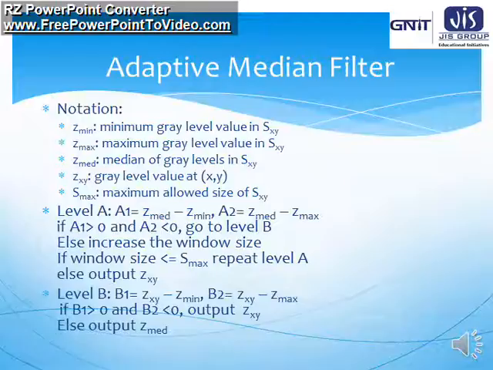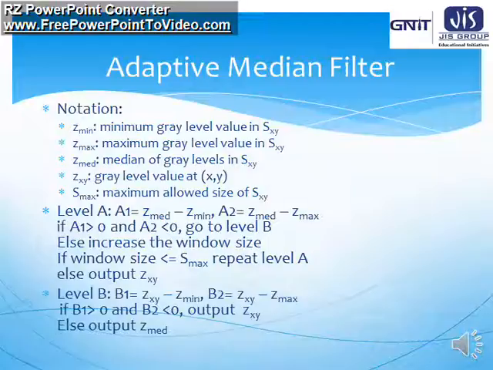Now we have to remember some notations and some process for adaptive median filter design. 5 notations are there. Among them the first one is Z min, which is the minimum gray level value in SXY. Z max, which is the maximum gray level value in SXY.